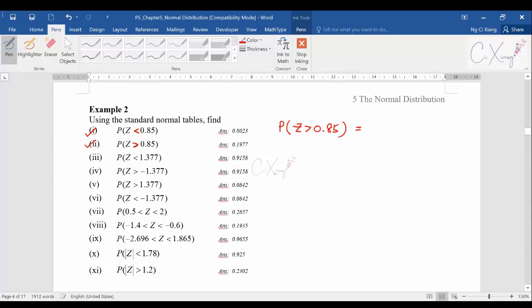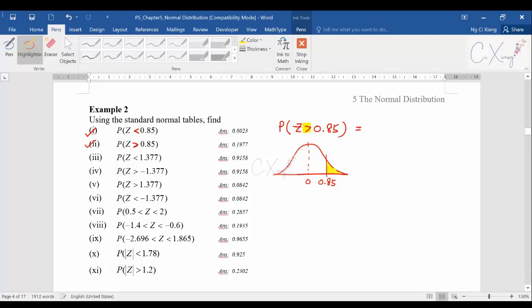Okay, so Z greater than 0.85, but if you imagine it by using the graph, the mean in the center is always 0, and then 0.85 will be on the right hand side of 0. So this part will be negative, this part will be positive. And then the sign here, greater than 0.85, tells you that the area that they want to find is on the right hand side of 0.85, more than 0.85.